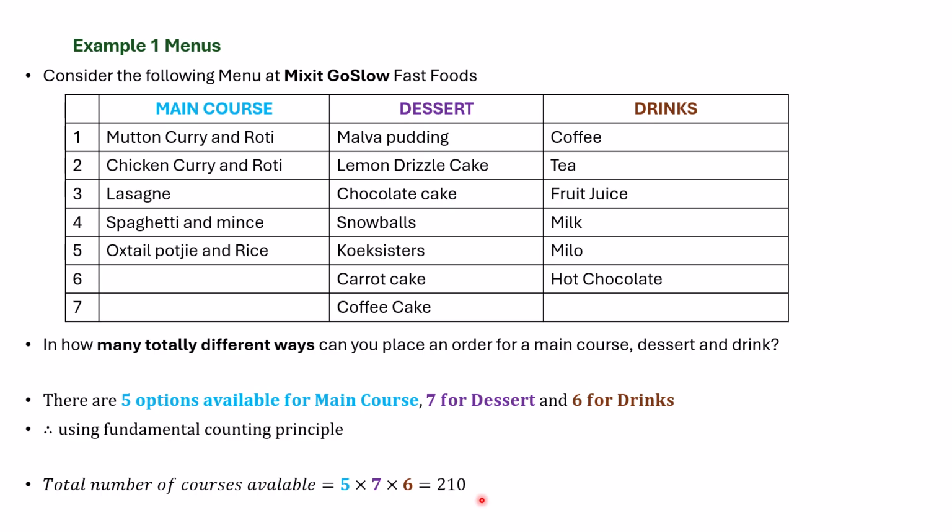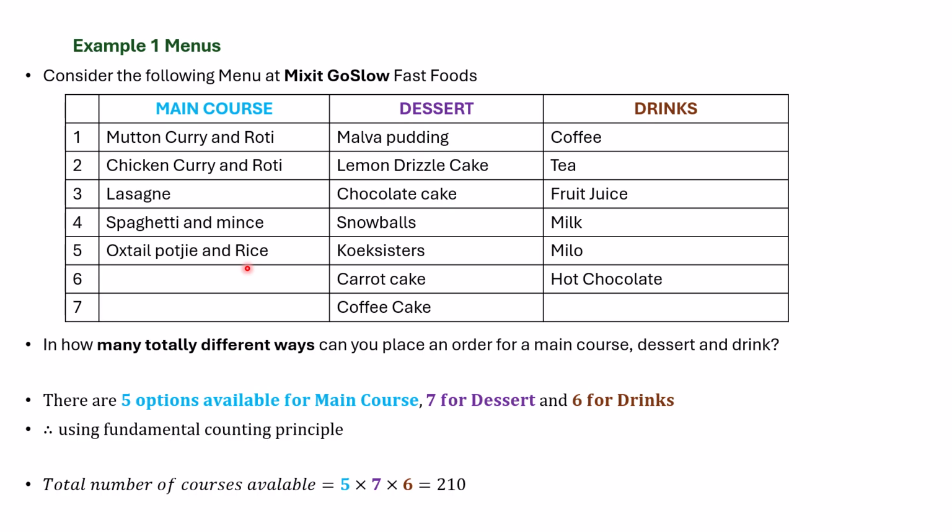So in short, what we mean with that, I can choose mutton curry and roti with any dessert. So I can take malva pudding or lemon drizzle or chocolate or snowball or cook sister carrot or coffee cake. Then when I come to drinks, I can also choose any one of the 6. Or I can go chicken curry and choose any one of the 7 desserts and any one of the 6 drinks. Same goes for lasagna, spaghetti or oxtail.